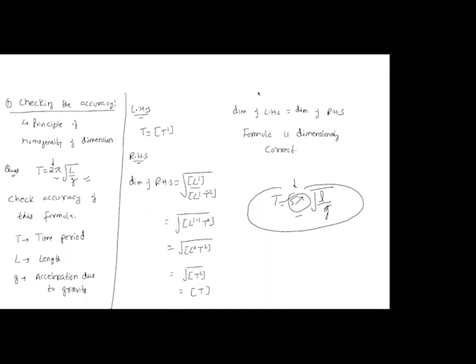Okay, the next formula is: say you have frequency nu equals 1 by 2L root over T by m. Here L is the length of the string.